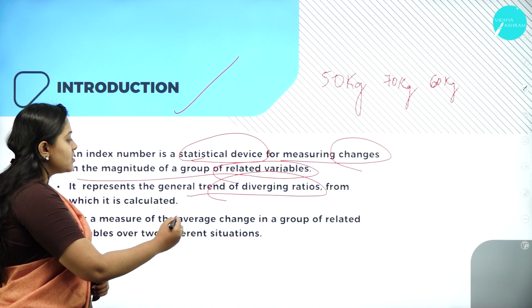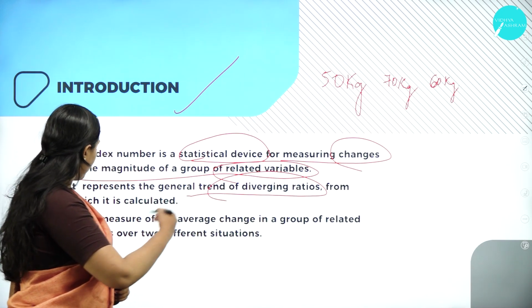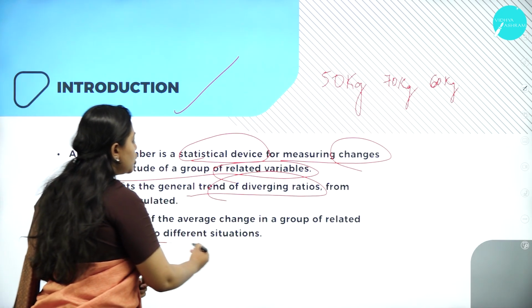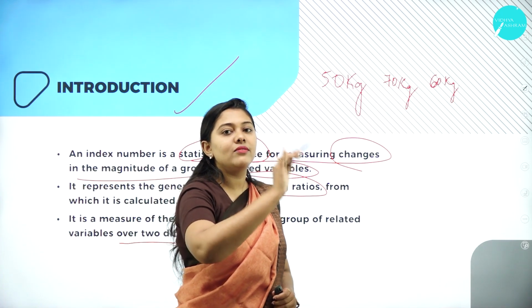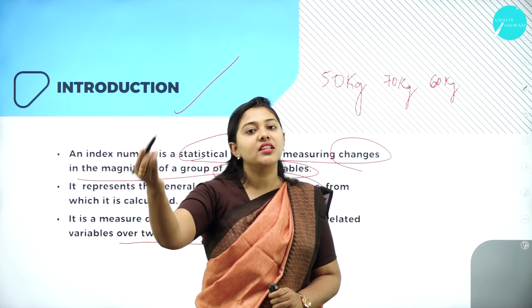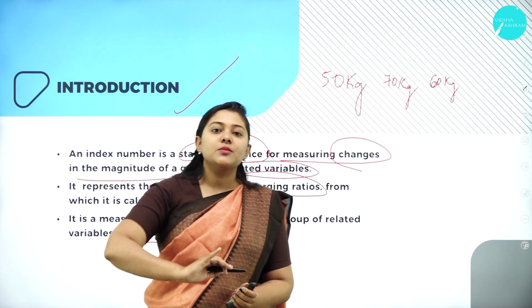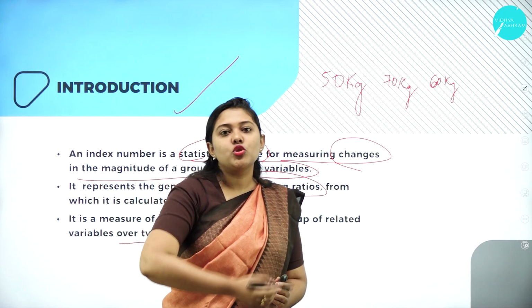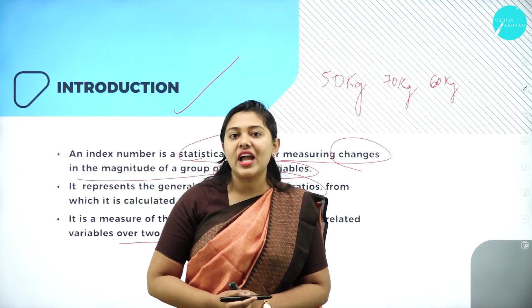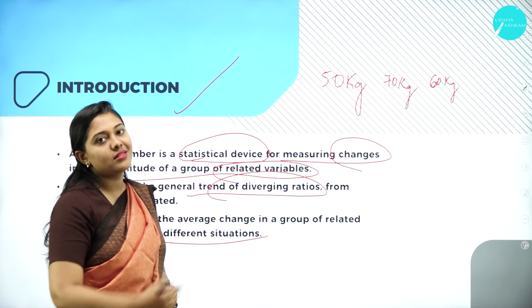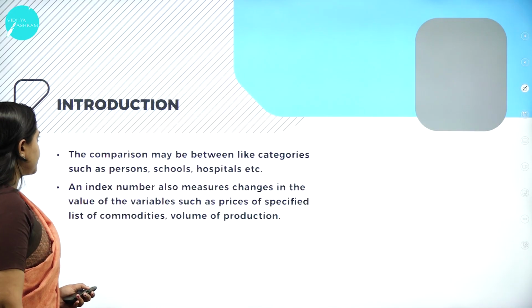It measures the average change in a group of related variables over two different situations, which are the base period and the current period. The base period is the previous period, and the current period shows the changes we have got, so that the index number can be measured.